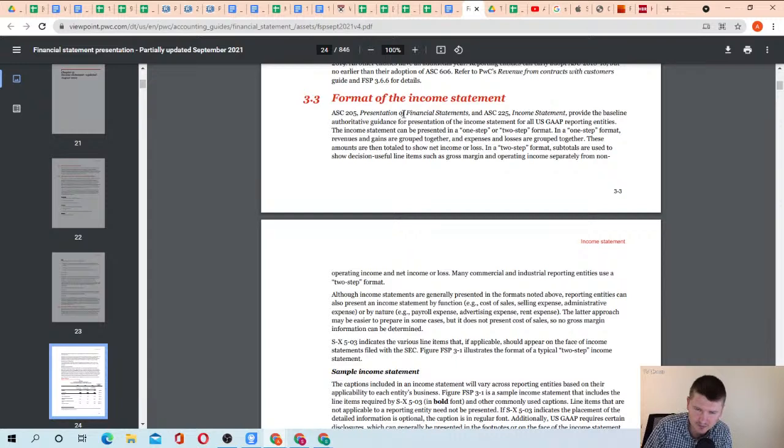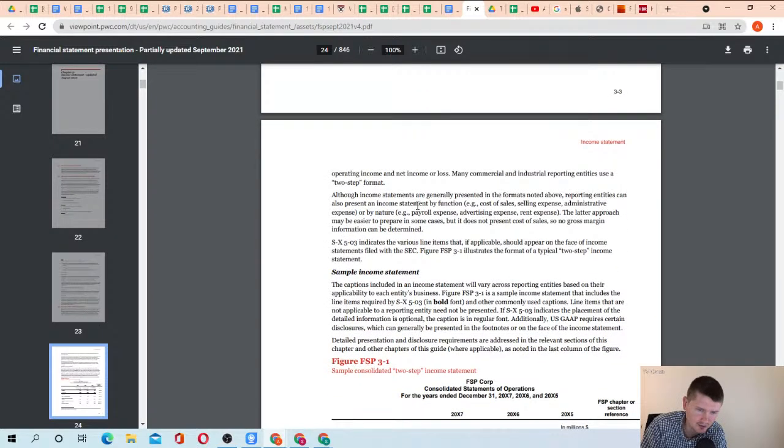And the format of the income statement might be one step or two step. In one step, you just group together income and expenses and calculate net income. In two-step format, you have subtotals like gross profit margin and operating income, and that's to facilitate decisions taken by the users of the financial statements.